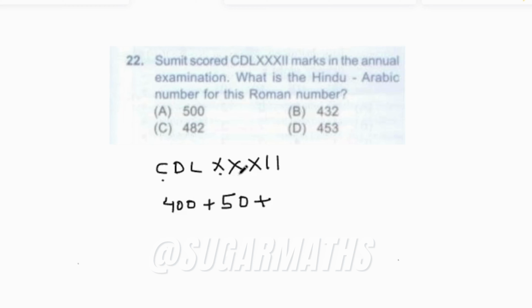So 10 plus 10 plus 10 is going to be 30 plus II is going to be 2. So our answer is 482, which is option C.